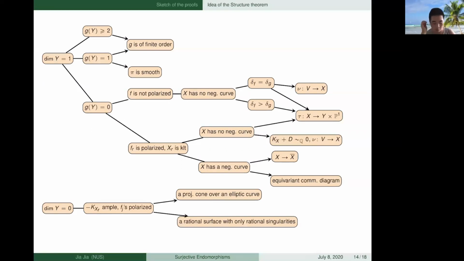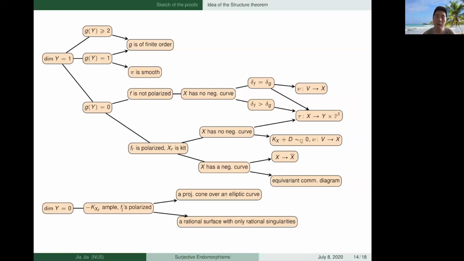So when we focus on the case genus of Y equal to 0, then we have two possibilities. The first one is F is not polarized. In this case, we can show this X has no negative curve.